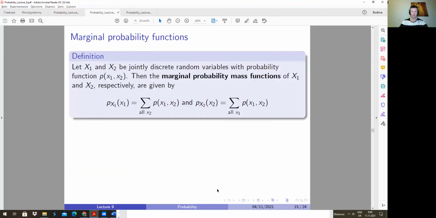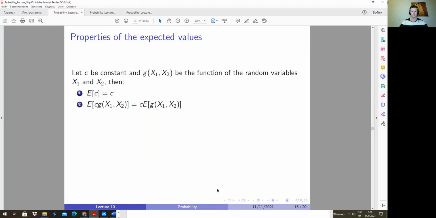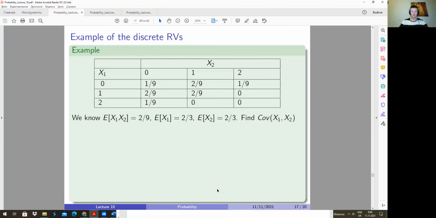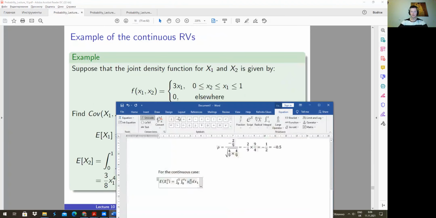I don't remember. No, we calculated marginals for another distribution. Okay. Yeah, so then we simply need to follow this. So then it's 3x1 and dx2. Okay, so that's what I need to integrate in order to calculate this expectation of x1 squared.